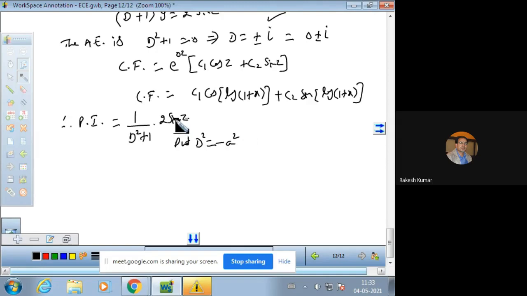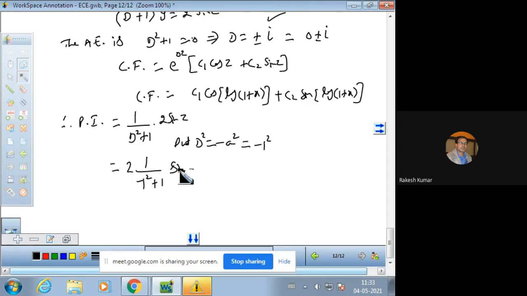In the case of sine or cosine you always use this formula, put D square equal to minus a square. A is the coefficient of z. Coefficient of z is 1 here, so you will put D square equal to minus 1 square. This 2 is a constant, which can be written here. So 1 over minus 1 square plus 1 into 2 sine of z.